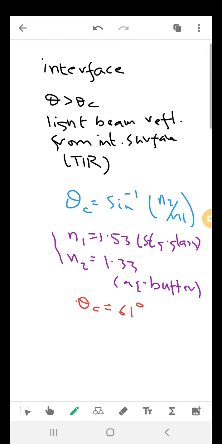Now, even under the condition of total internal reflection, a portion of the incident energy penetrates the prism surface as an evanescent wave.